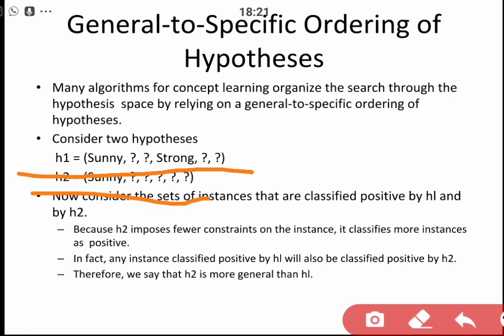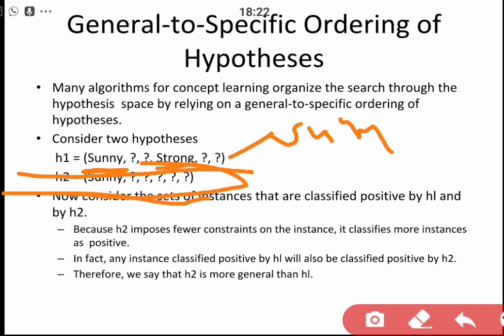How do the combinations arise? Here, sunny and strong will be fixed, right? But in place of a question mark you could put all the possible values for the attributes, like 2 into 2 into 2 into 2, which gives the possibilities along with the fixed values. Here it is roughly 2 to the 4, 8, 16, and there we could have 32.